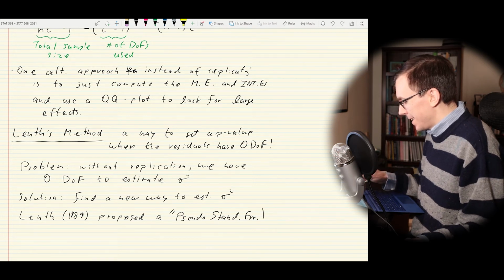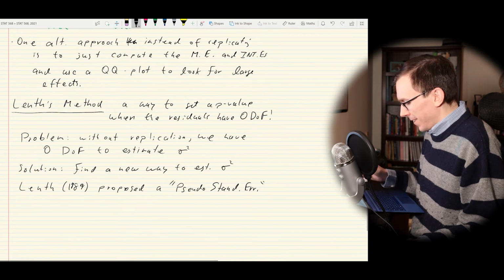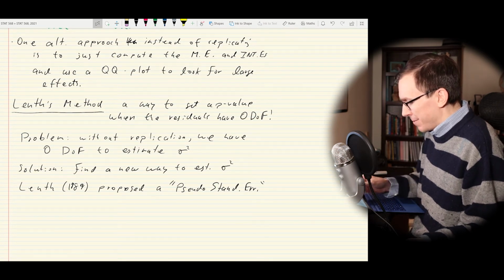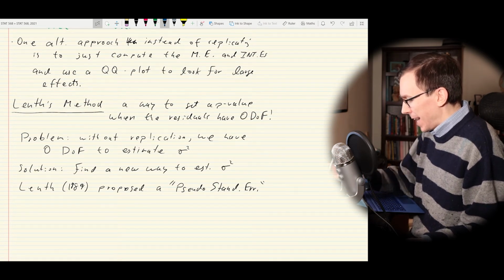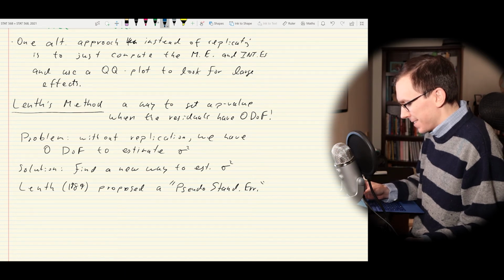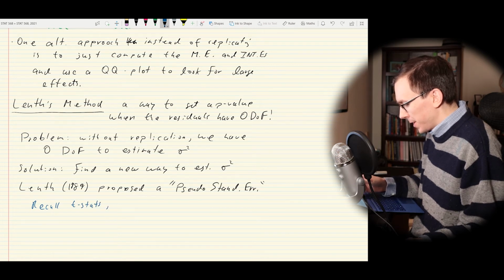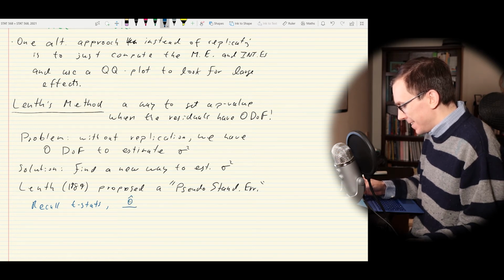So we know about the standard error in statistics because we would normally have our usual t-test. So recall t-statistics, which are going to look something like whatever, an estimate, we'll call it theta hat, divided by the standard error for theta hat.